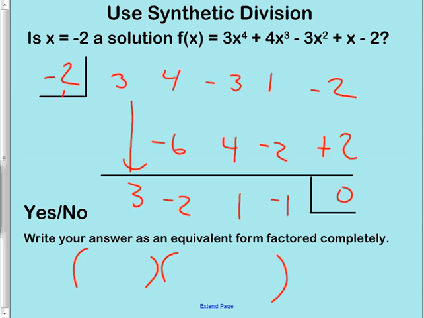Well, this part tells me to put what? X plus 2. And this part says I have, can I just slap an X on this one and have all those other numbers? That doesn't make any sense, does it? So think about it. Which one of these do you think is going to be the X? The 3, the -2, the 1, or the -1?